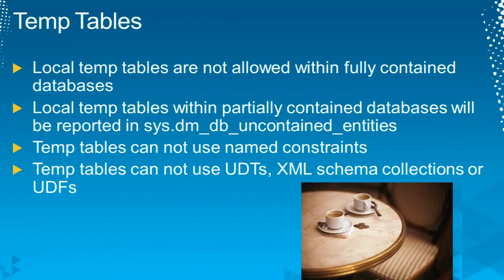If you put a temp table into a stored procedure, create a temp table, use it, drop it, it's going to raise a condition within the sys.dm_db_uncontained_entities DMV. As soon as you create the object, it should show up in that DMV. This DMV is going to tell you any objects within your database that do not fit the containment model that you're trying to use. If you're in none, it shouldn't show anything up there.